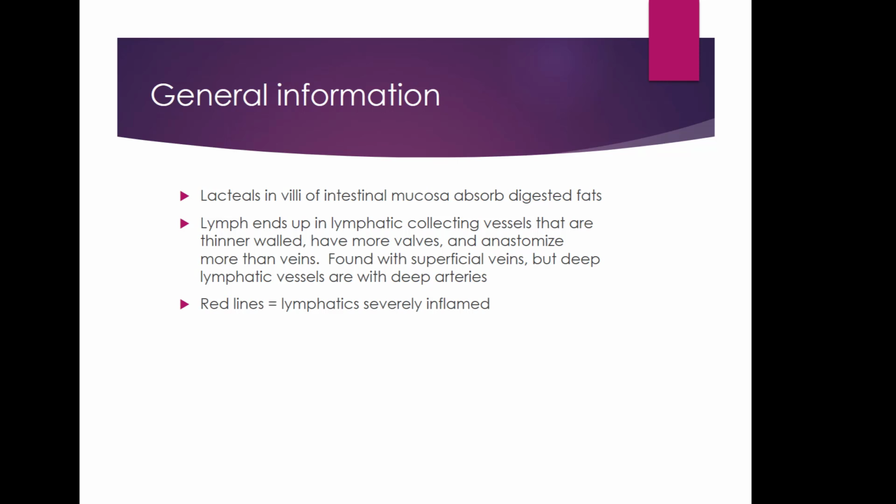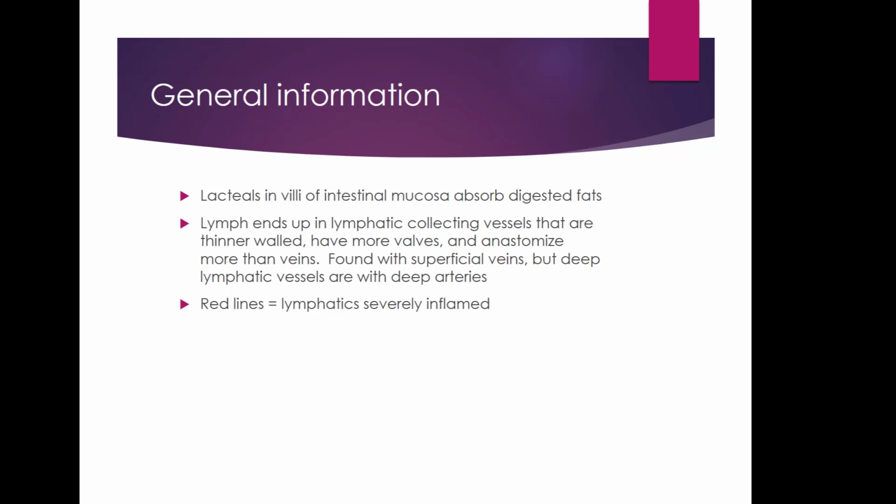There will be folds within the mucosa called plicae circularis, and coming off of the plicae will be these little finger-like things called villi. In the center of a villus, there will be a blood capillary bed, and there will be a lacteal. The lacteal will be a single lymph capillary, and it will absorb the digestive fats.